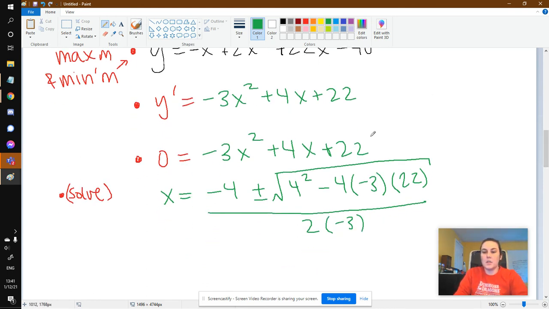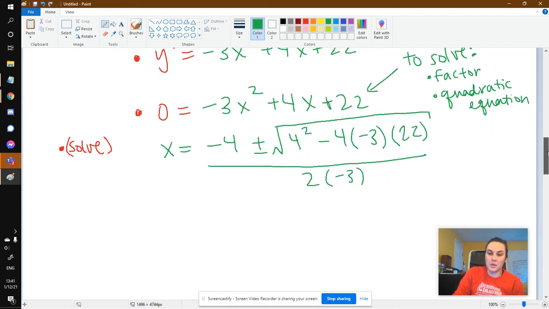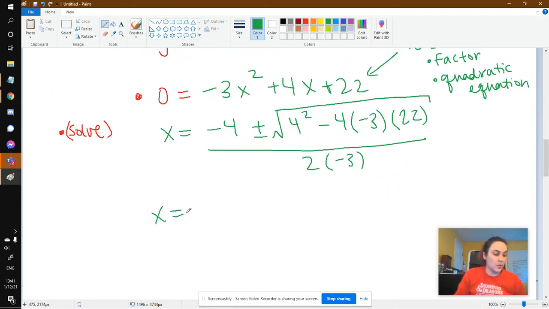So to solve this, we either need to factor or use the quadratic equation. And this will be the same for your example. So I'm going to use the quadratic equation. It's already set equal to 0, so we're good. I am going to plug this into a calculator.